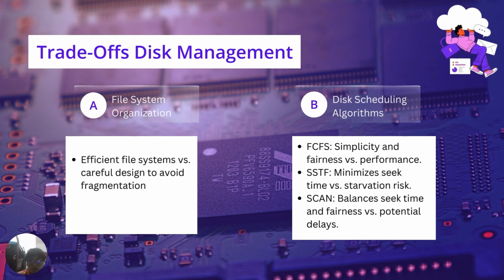For the disk scheduling algorithms, for the trade-off, FCFS offers simplicity and fairness, but may lead to poor performance. SSTF minimizes seek time but can cause starvation. SCAN balances seek time and fairness but may introduce delays for some requests.